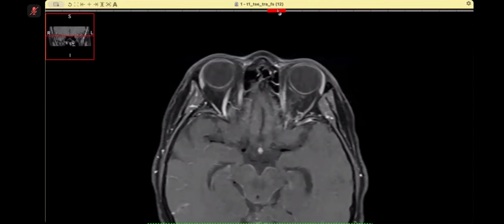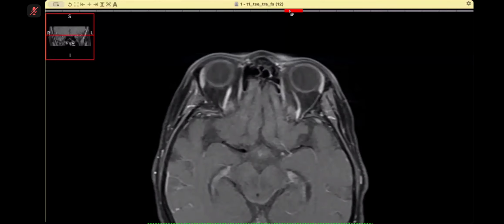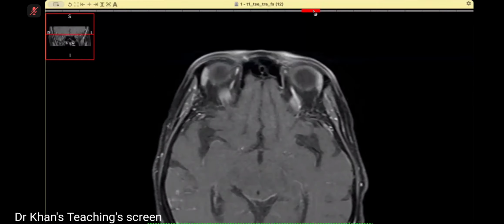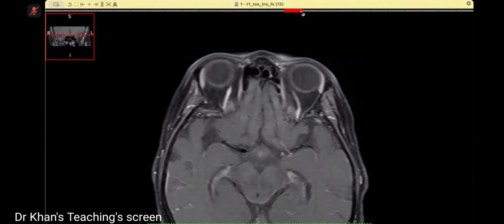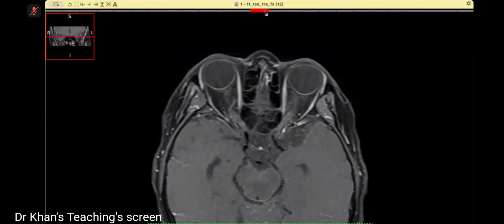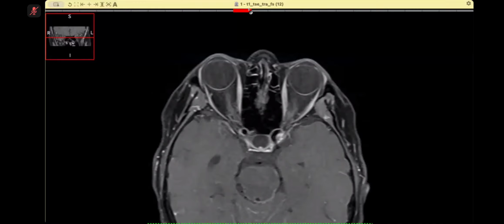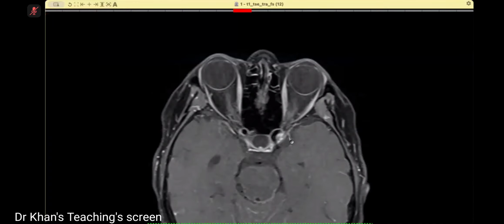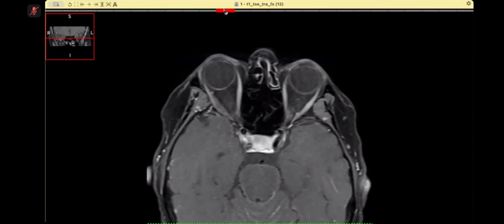Okay, let me give you a hint. Look outside the optic pathway and the orbits. So looking on the left side predominantly.